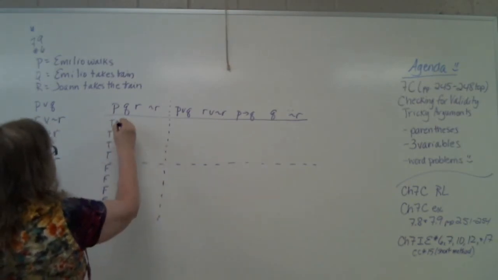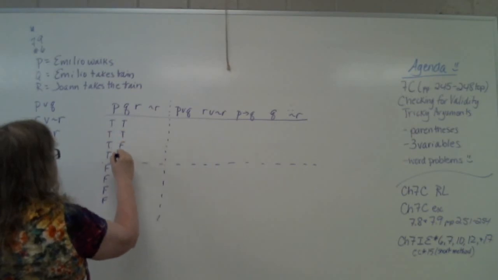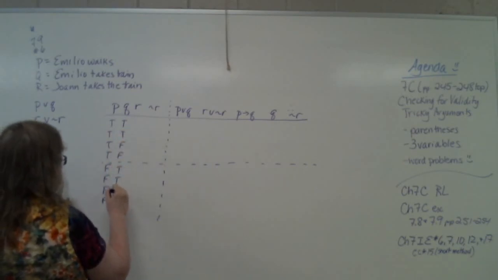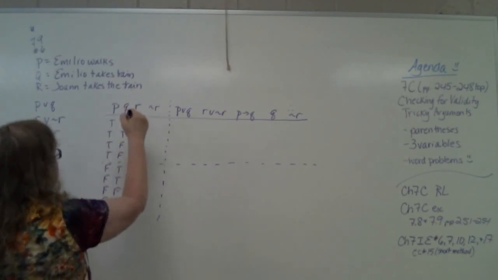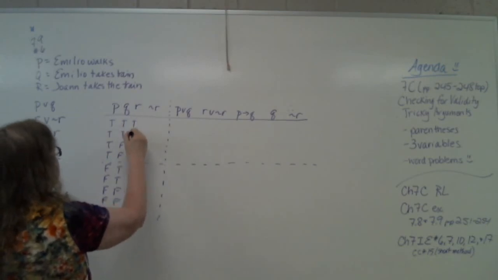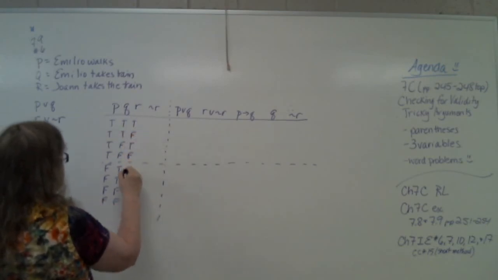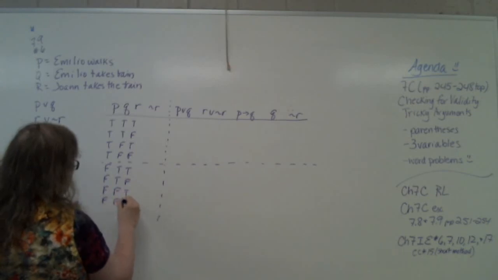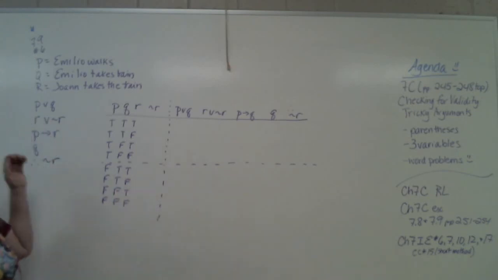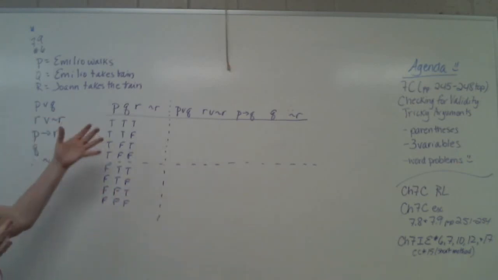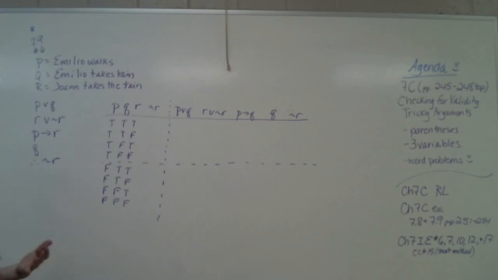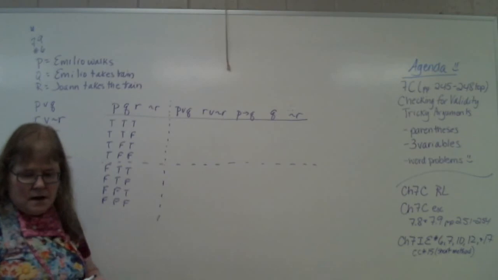Half and half of that is 2 truths, 2 falses, 2 truths, 2 falses. And then half of that is 1 by 1. So true, false, true, false, true, false, true, false. Okay? Check and see if that's what you have. If not, go back and look and see what you missed. Okay? And then come back to us.